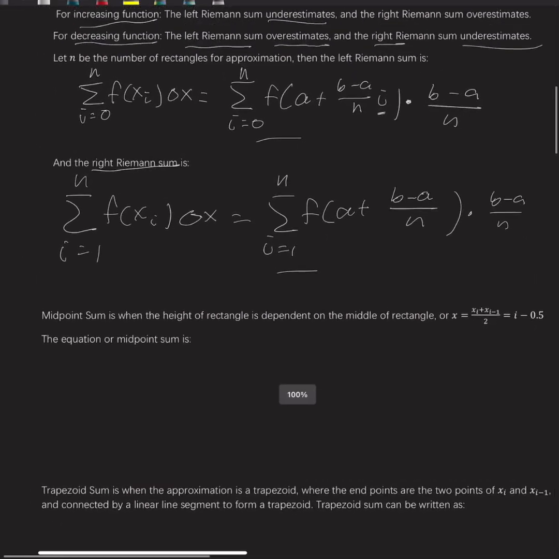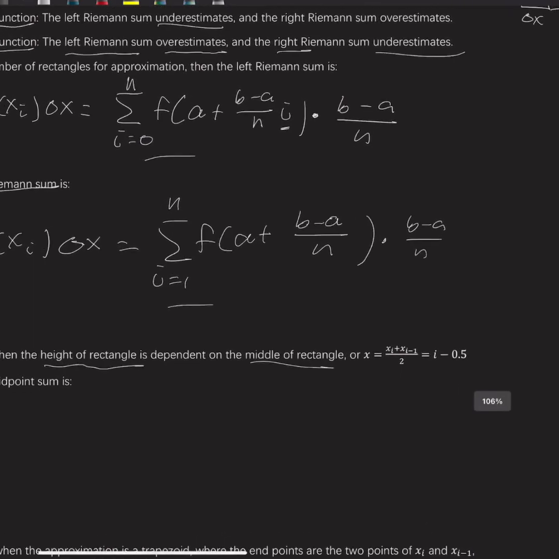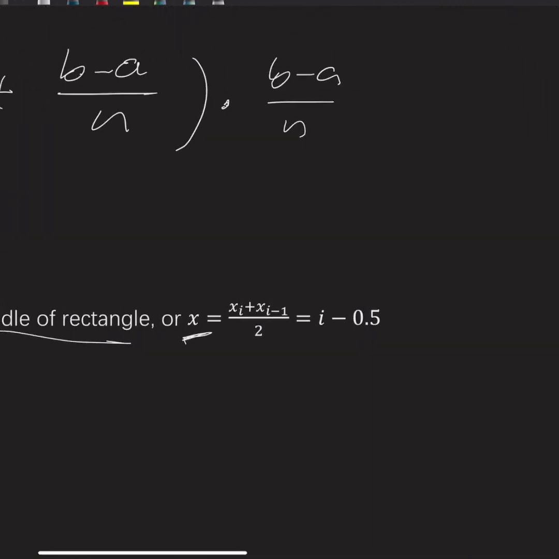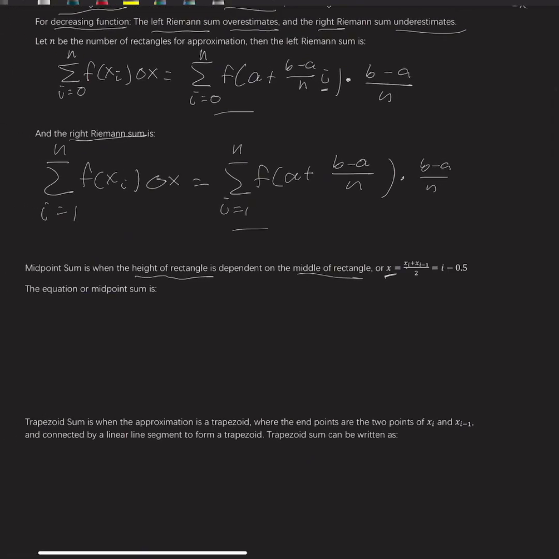There's also what's called the midpoint sum, where the height of the rectangles depends on the middle of the rectangle. So it's evaluated at the x value (xi plus x of i minus 1) divided by 2, which is the middle value of the width of the rectangle.